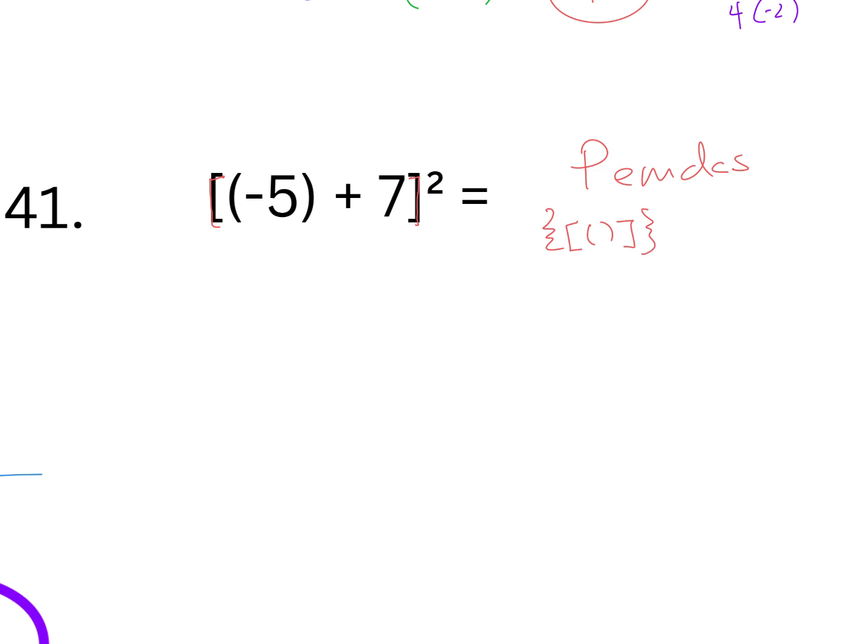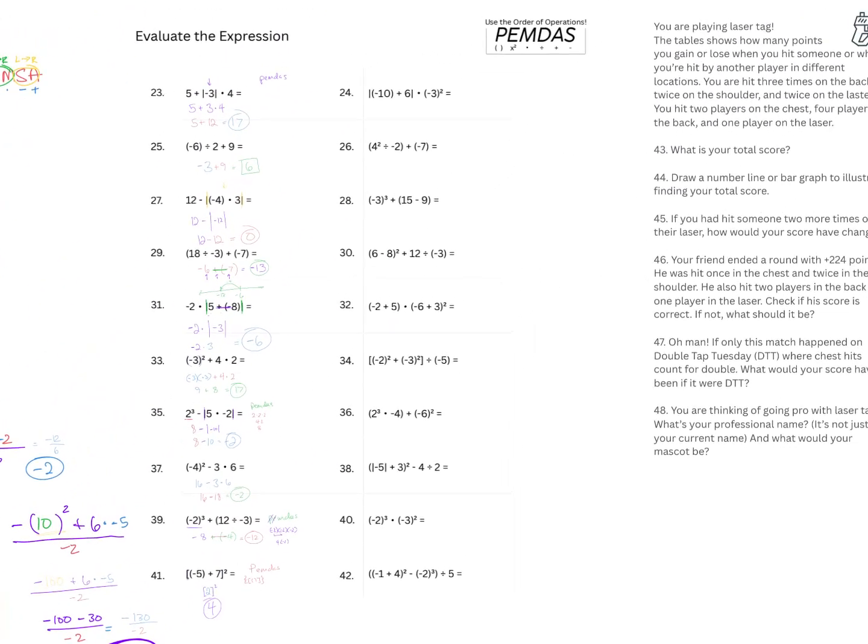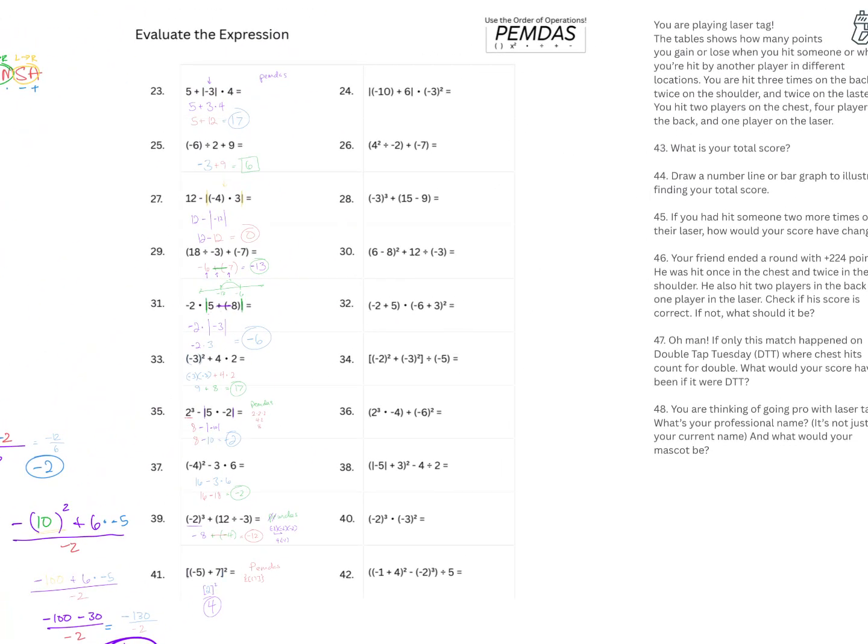So we are just saying, hey, let's go inside of these and do the math. So really it's just negative 5 plus 7, which is 2. And then those brackets are there with squared. So it's just 2 squared, that's 4. So really, that was that whole little section. See you in the next video.